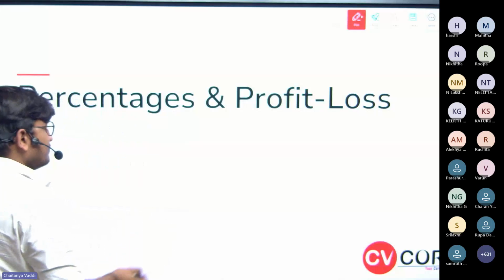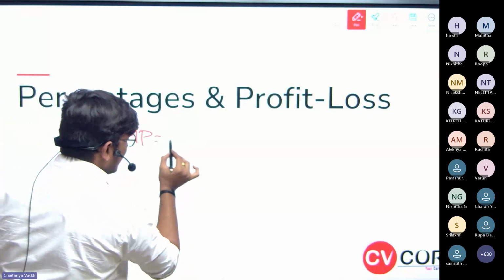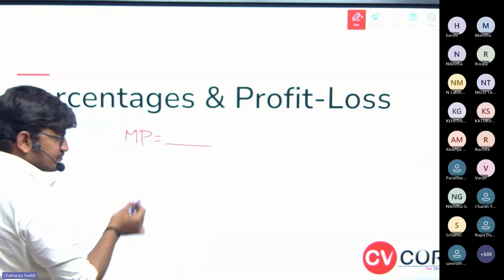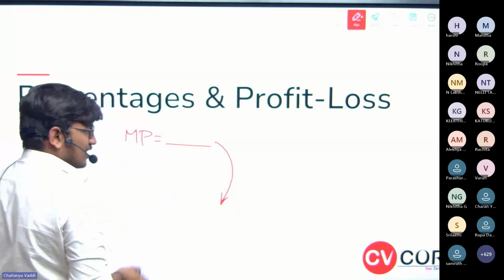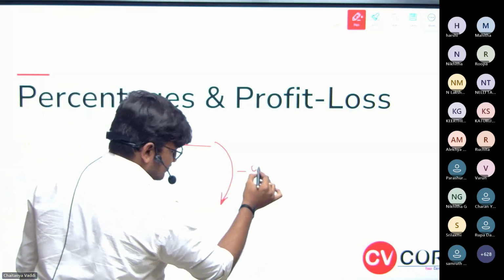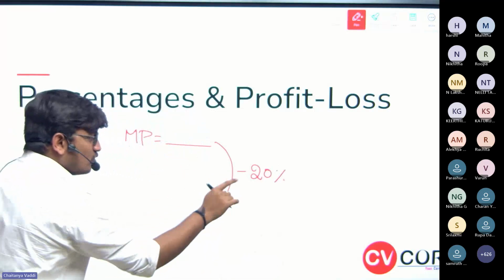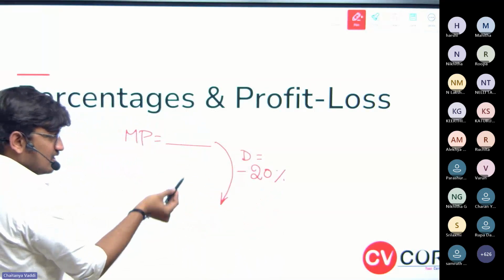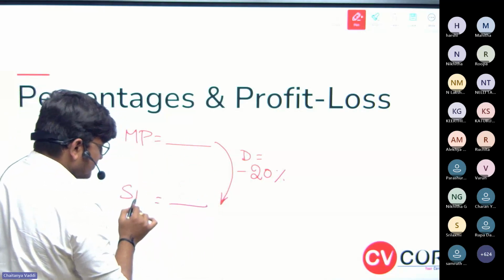Let's say I have a marked price, some X value. As I said, discount will always be given from market price. Now I'm getting 20% discount. If you remove the discount, you will get the selling price, correct?